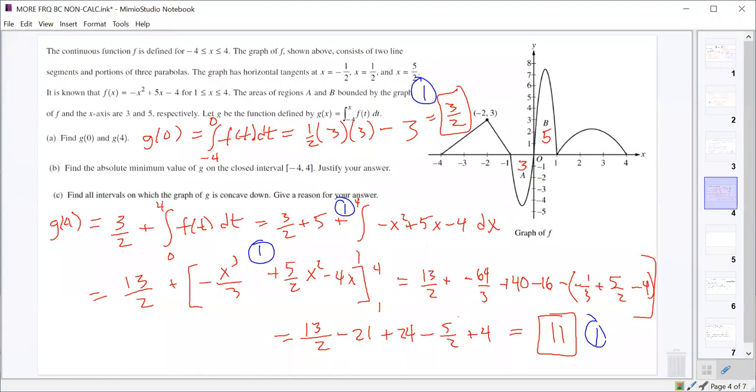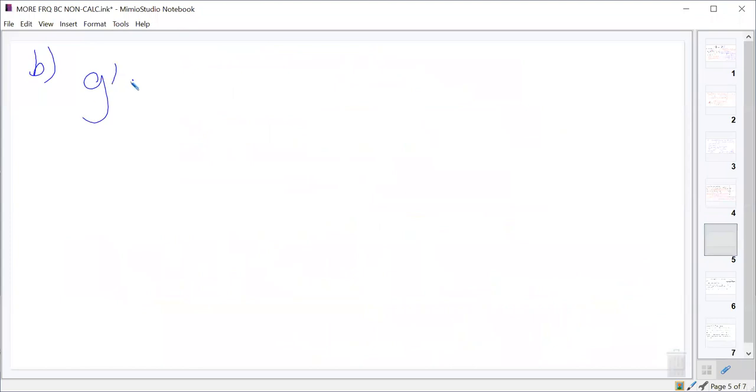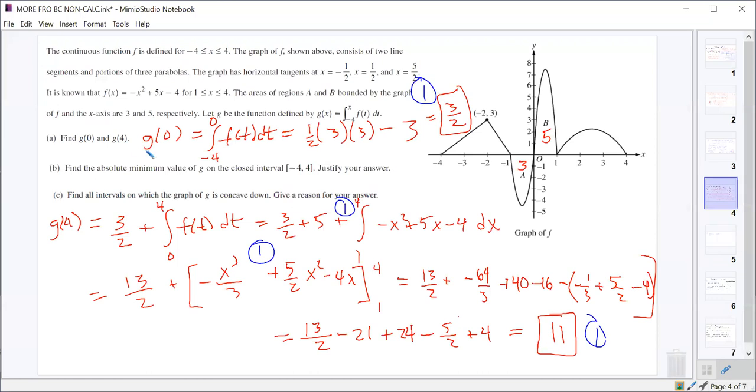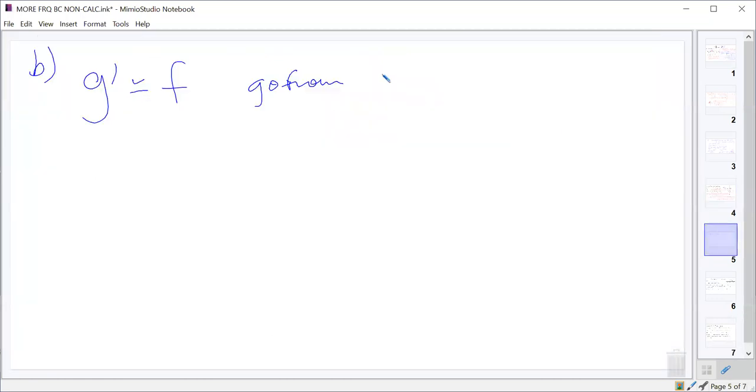All right, part B, find the absolute minimum of G. Well, minimum of G means we need to take the derivative of G. Derivative of G is F. We want to know, when does this go from, we're looking for a min or a max? Looking for a min. So when does the derivative go from negative to positive?